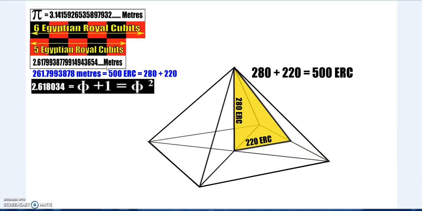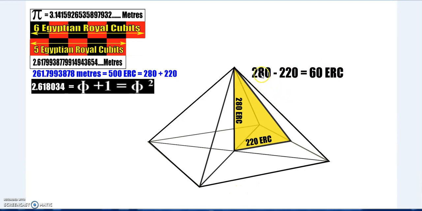And this times 10, times 100, times 1,000 is a common feature in regard to how it links to Heliopolis, the links between the Great Pyramid towards Port Said and to Alexandria based on the angle of the pyramid, which maps out the delta. It's a repeated thing now. Lots of videos before on that, but just for the moment. So now if we add those together, we get 500 Egyptian Royal Cubits.